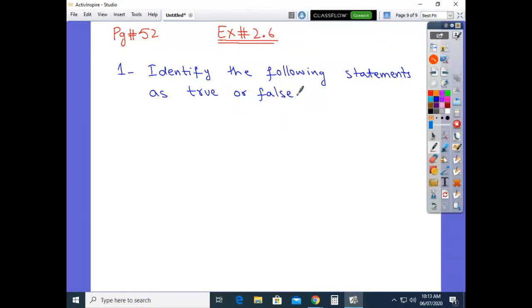First of all, you simplify the question, and you get the answer. If the answer is the same as the given answer, then it becomes true. Otherwise, it becomes false. For example, we solve the first part here. The first part is square root negative 3 into square root negative 3 is equal to 3. Either it's true or false. Here we solve the left hand side. Square root negative 3, square root negative 3. We can write it as square root negative 3 squared.